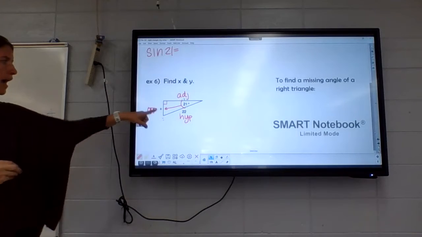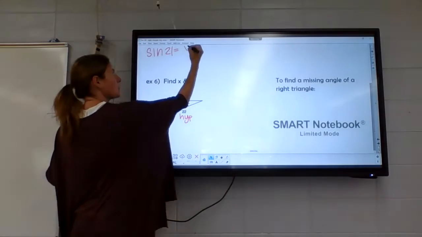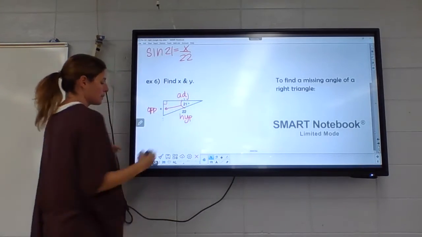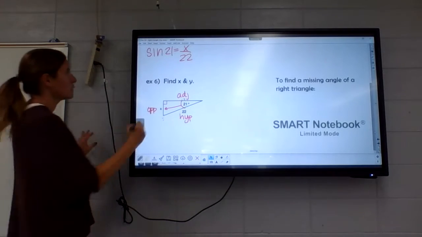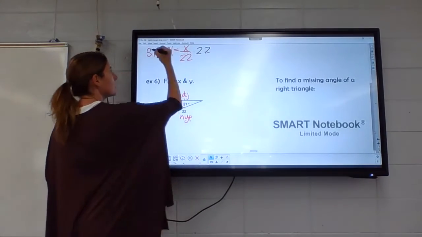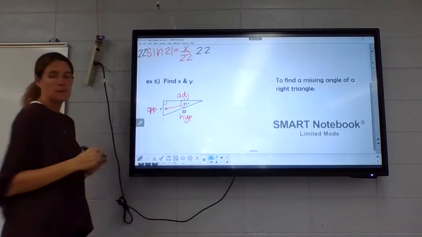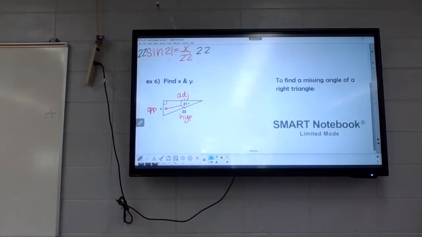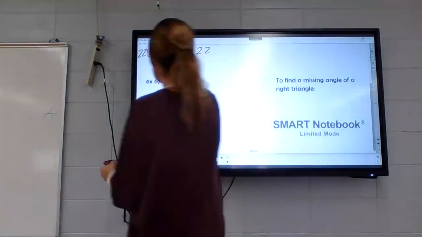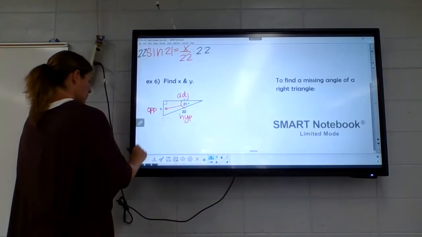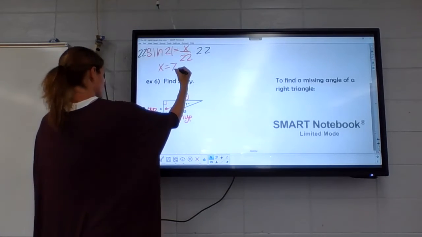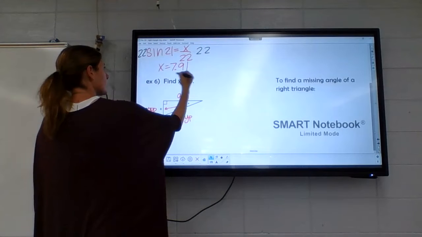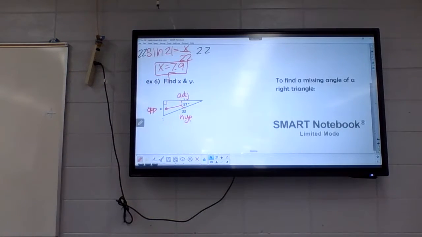So I would use sine, opposite over hypotenuse. So I got like 7.88 or 7.9 for my x.